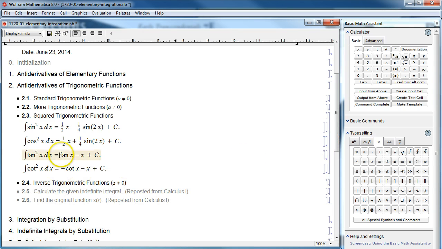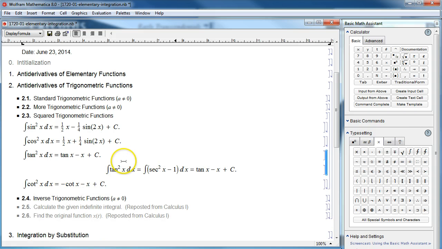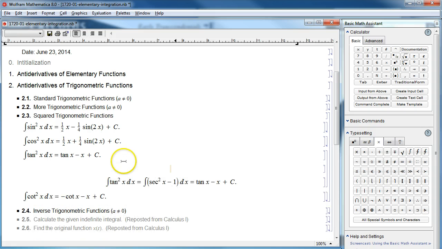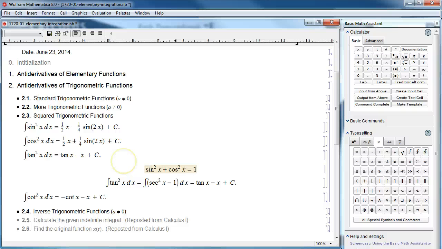How about these? These two are related to Pythagorean identities. What is tangent squared? It is secant squared minus 1. As a matter of fact, it comes from like this: sine squared of x plus cosine squared of x is equal to 1. That's coming from the Pythagorean identity. Divide everything by cosine squared. What do you get?